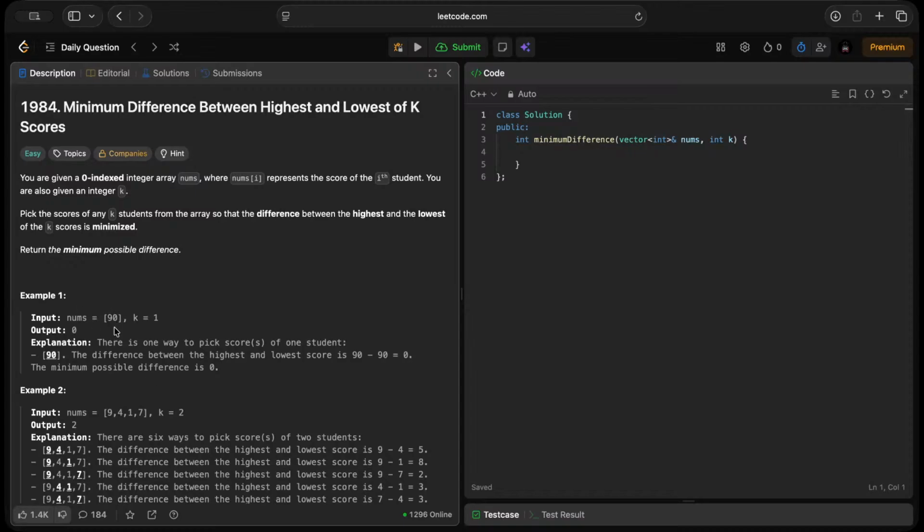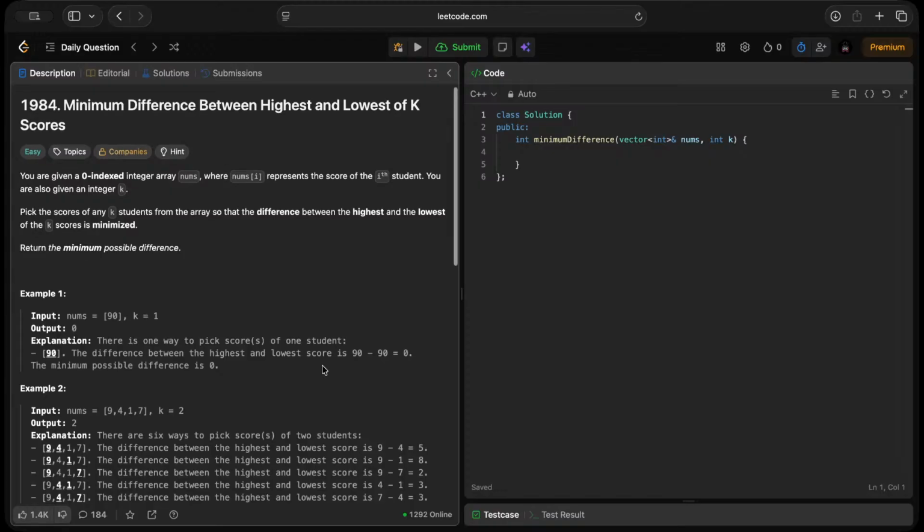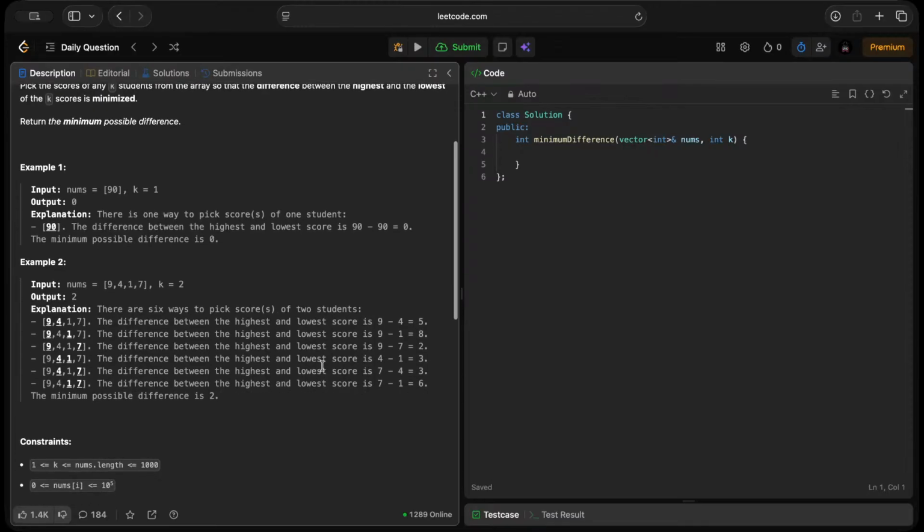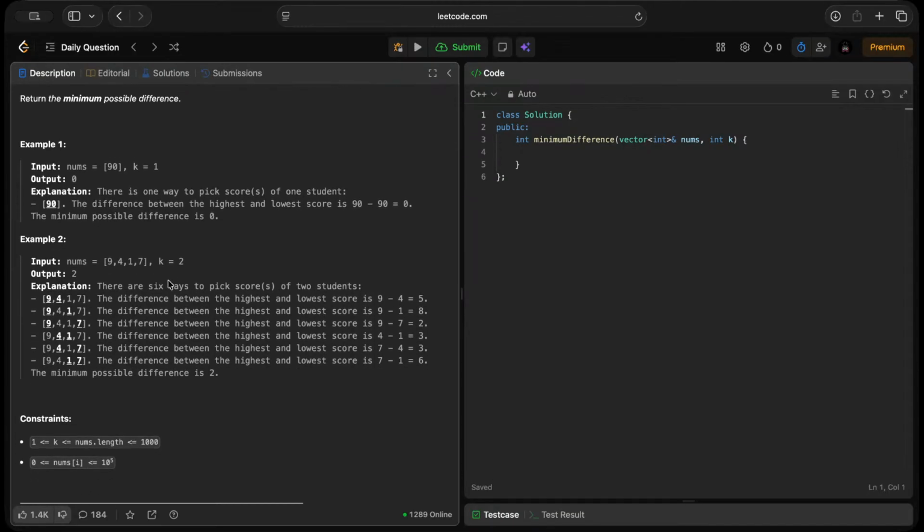Nums 80, there's no way to pick scores of one student. Minus 90, the difference between the highest and lowest scores, 90 minus 90 equals 0. I'll put 2. There are 6 ways to pick scores out of 2 students.